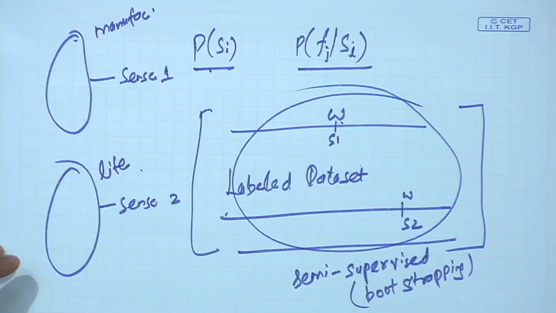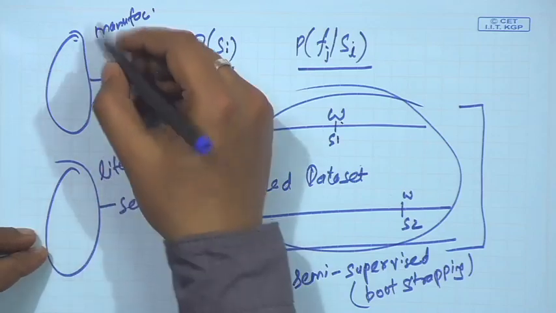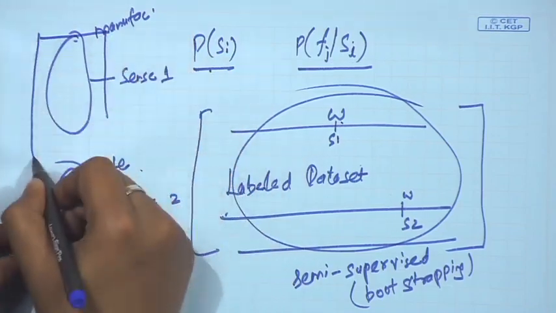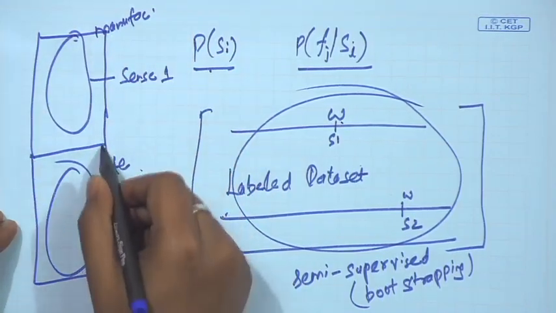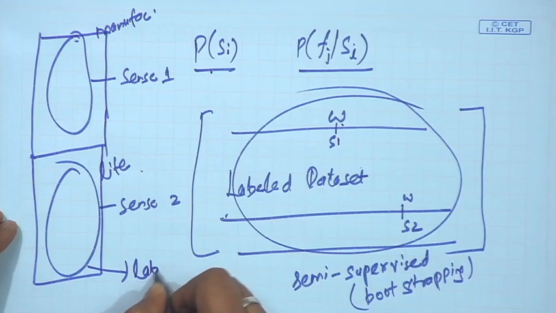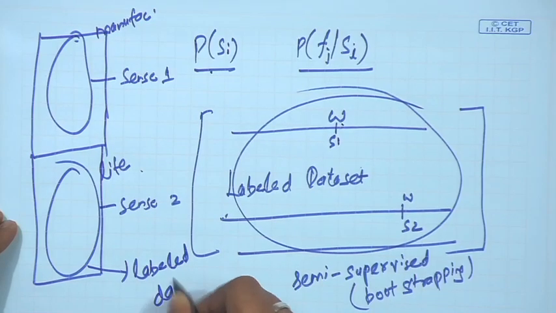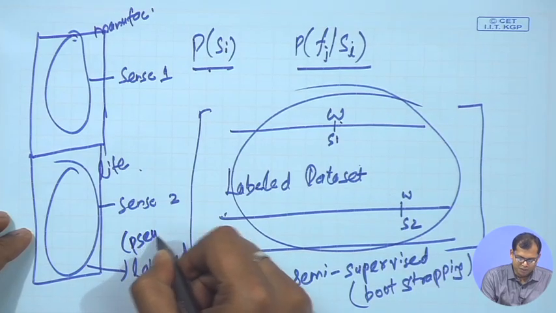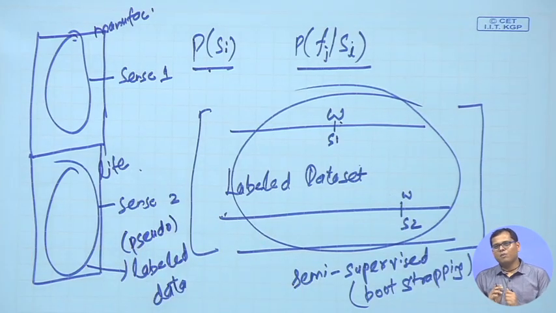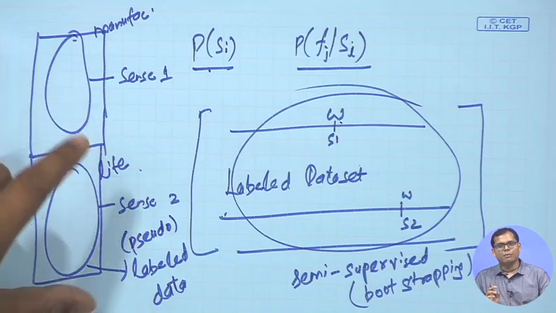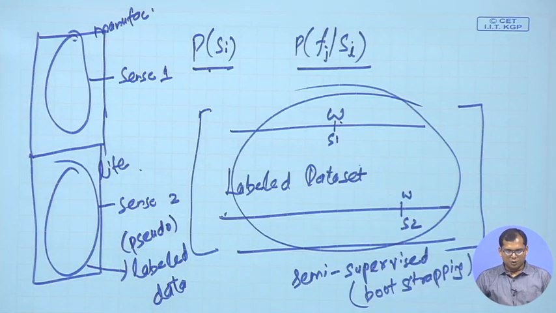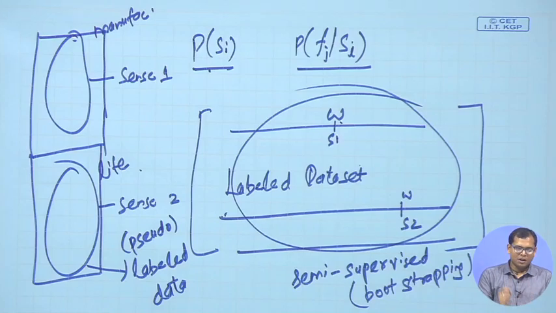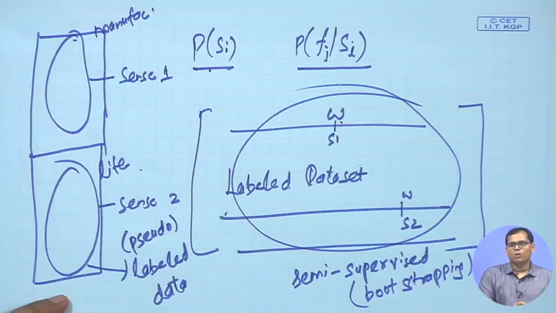Now I am going in iterations. I will treat them as my labeled data. Although, to be very clear, we can also call it my pseudo labeled data. I am only making an assumption that they are labeled with sense 1 and sense 2. Now treat it as your labeled data and apply your decision list classifier algorithm to find out what the good collocations are.